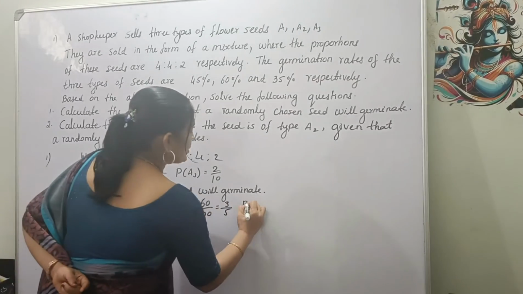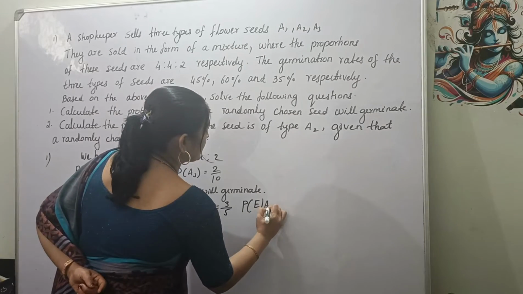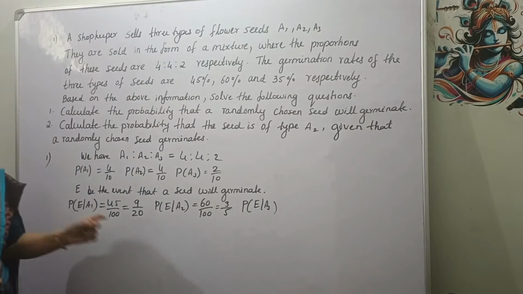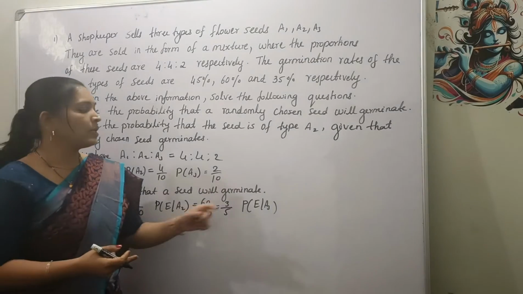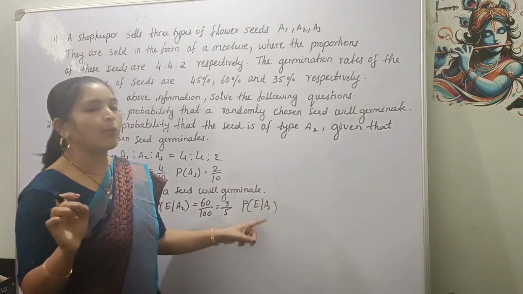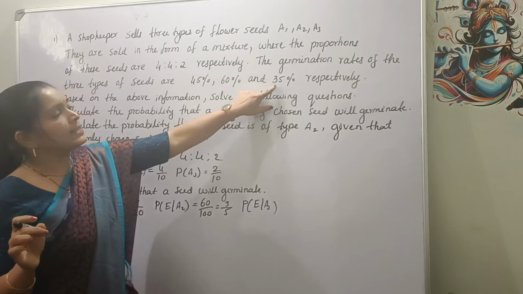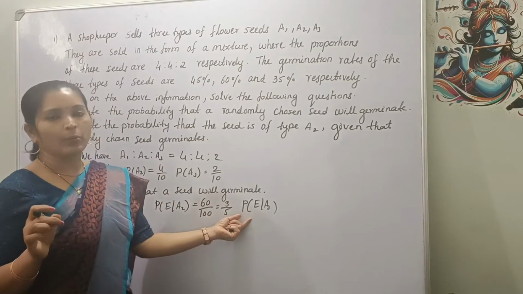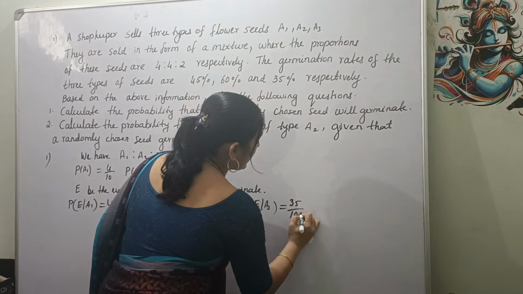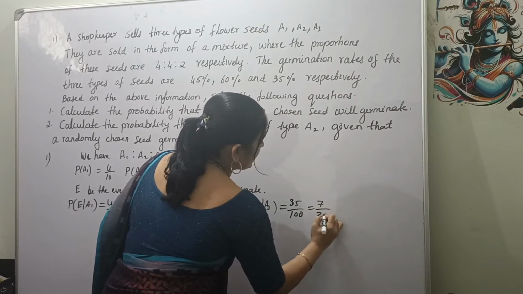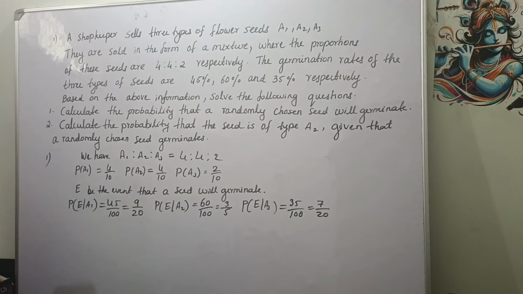Next is probability of E given A3. Probability of a seed will germinate, it is given that the seed is A3. Okay. So that is seed is the type of A3. That is 35%. Probability of E given A3 is 35 divided by 100. That is 7 divided by 20. Okay.